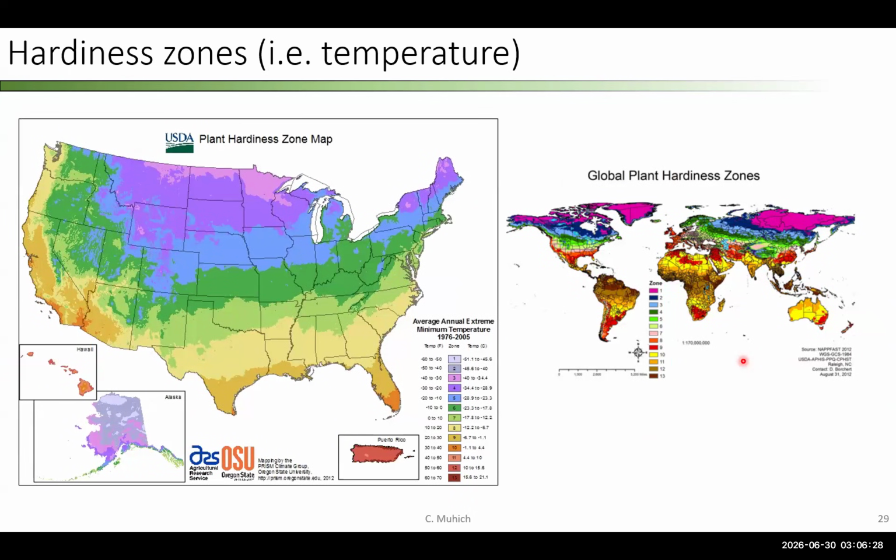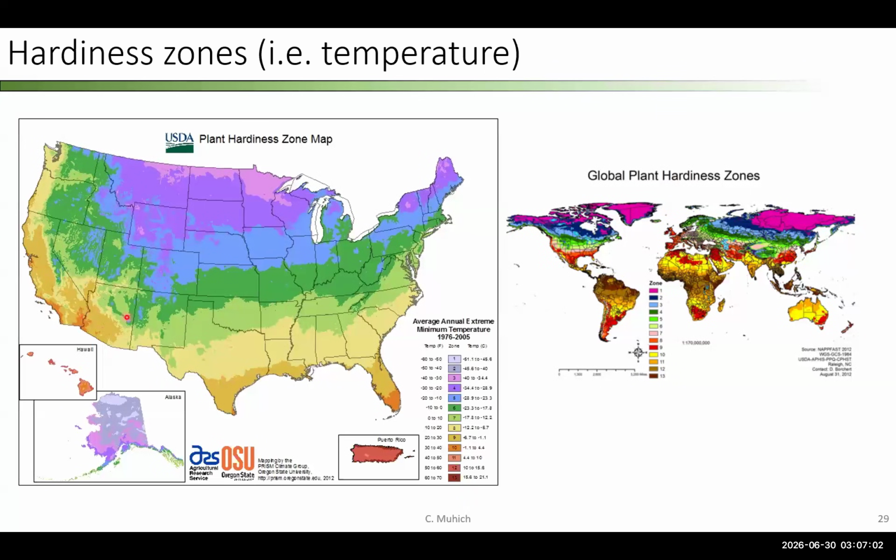So just to give a broad overview, just so you're familiar with some of these terms, the first one that we'll think about is hardiness zone. And so this is our stand-in for both temperature and some weather patterns. The US is divided up by the US Department of Agriculture into different hardiness zones, shown from the top to the bottom in a series of increasing numbers, where increasing number indicates the temperature exposures that the plants will experience.